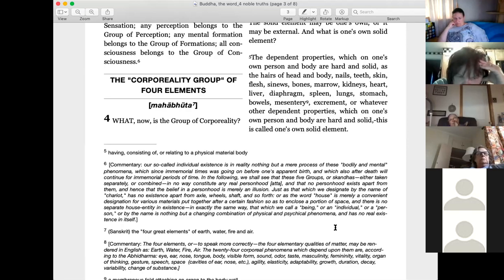That was a huge, radical diversion from the prevailing belief, because the prevailing belief was that there was an individual, separate personhood that existed independently of all those things. And that's what would continue in the next life.